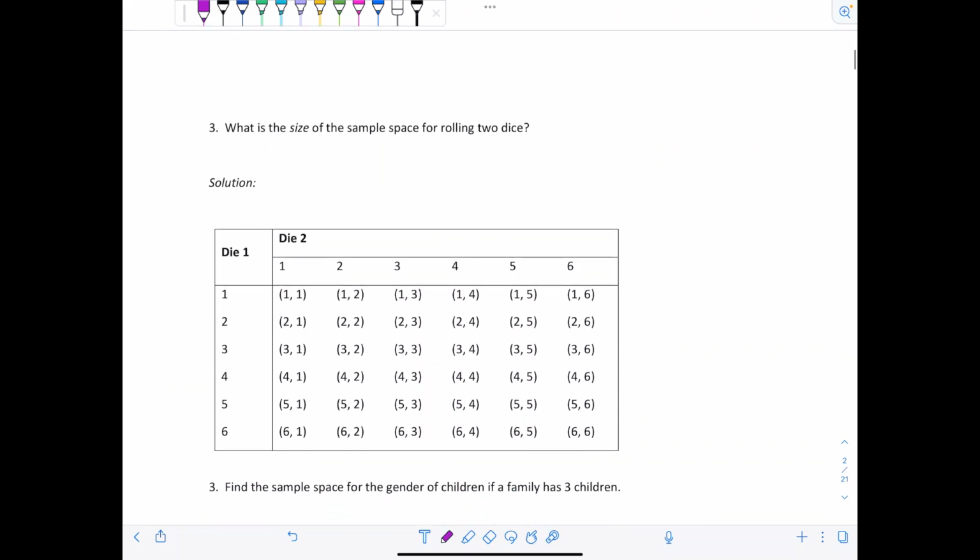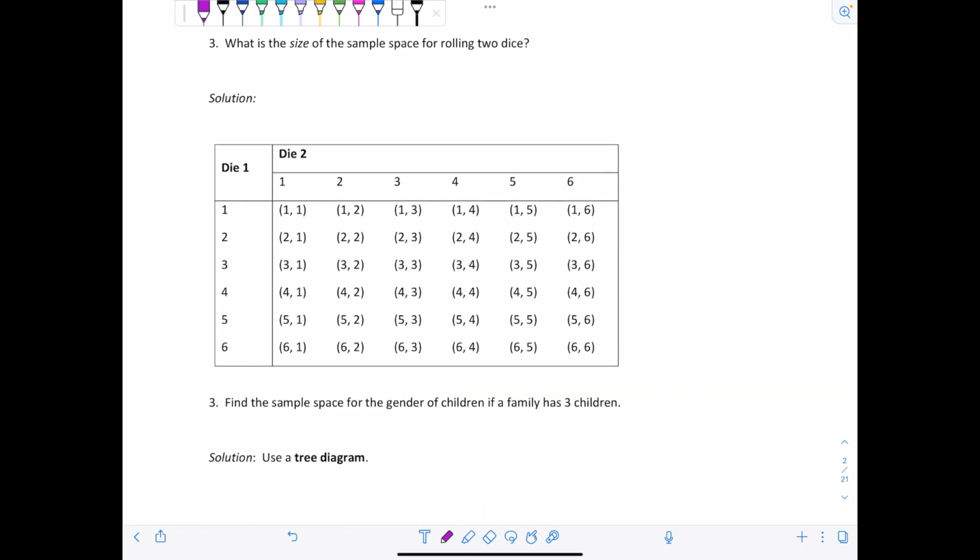Next example: what is the size of the sample space for rolling 2 dice? Here we have a little chart to help organize all of the possible outcomes. Here's die 1. You can roll 1 through 6. And here's die 2. Again, you could roll 1 through 6.